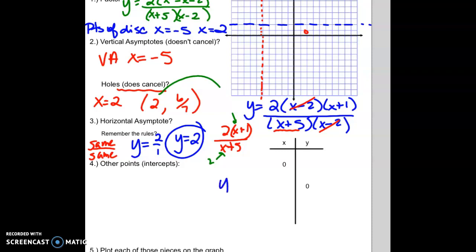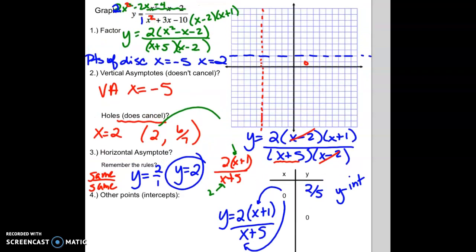Okay, finding our intercepts. Again, we are going to use our simplified version. So we have y equals 2 times x plus 1 divided by x plus 5. That's my simplified version. And if I put a 0 in for x, I end up with 2 times 1 for the numerator, which is 2, and 0 plus 5 is 5. So 2/5 would be my y-intercept.